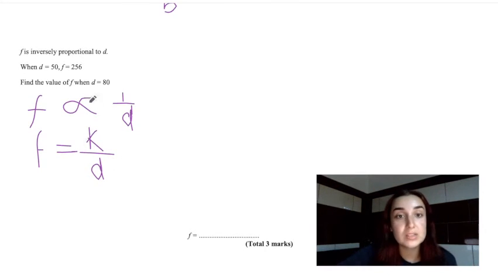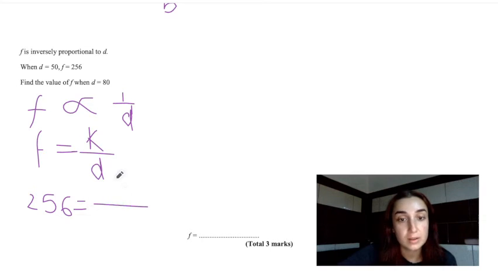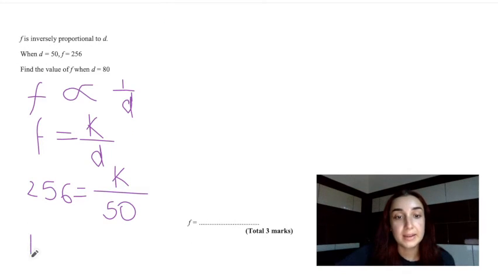We don't know K, so let's find it out. We know that F is 256 when D is 50. So we'll still leave the K here, and D is 50. That means that K will be equal to 256 times 50, which is 12,800.